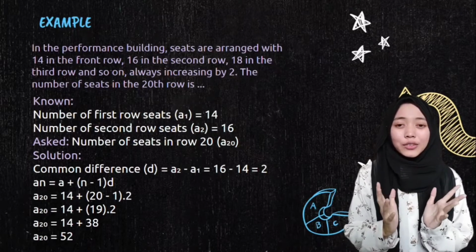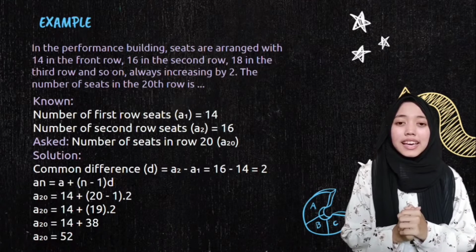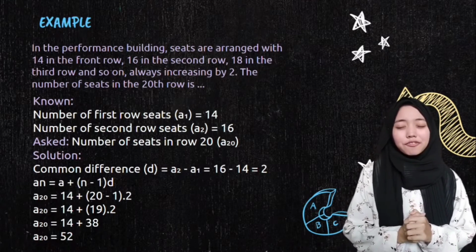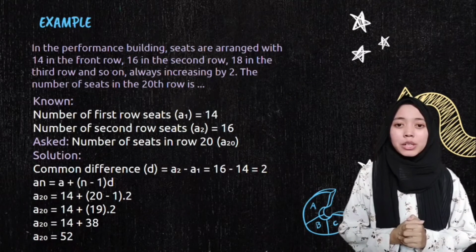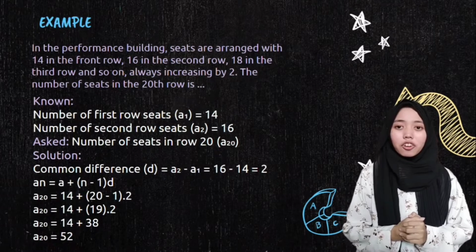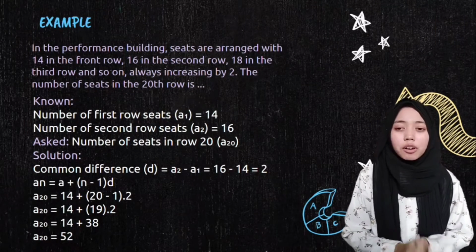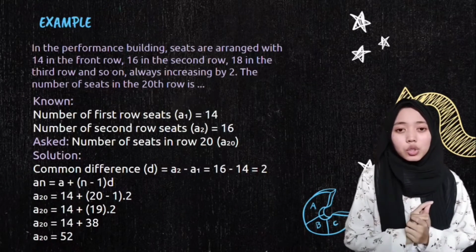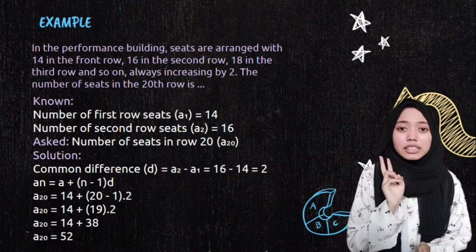And the question is the number of seats in row 20, or a20. From the formula a plus n minus 1 times t, a is the first term, so a is 14, and the common difference t we get from a2 minus a1, so 16 minus 14 is 2. The common difference is 2.